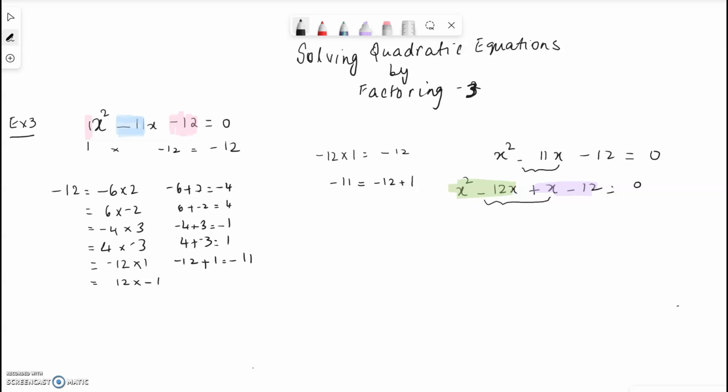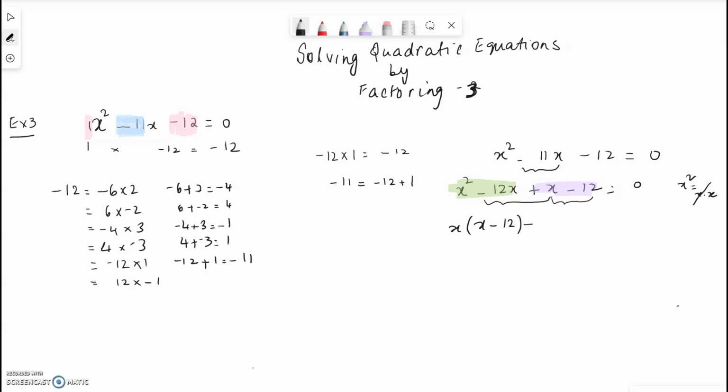So let's look at the first two terms. The common factor is x. So when we have x squared, which is x times x, we factor out an x, we're left with an x. Factor out the x from negative 12x and we're left with a negative 12. Now we look at the next two terms, which is x minus 12.